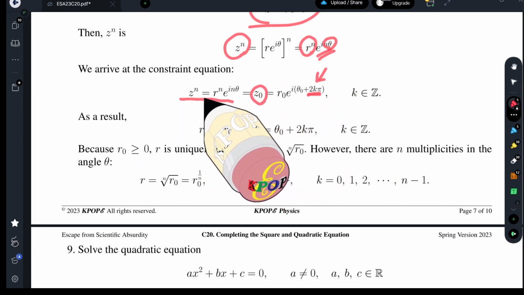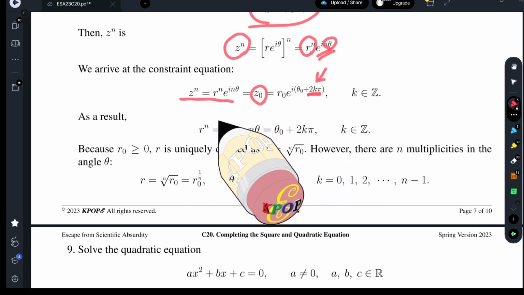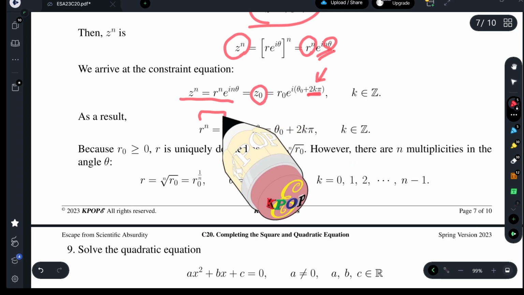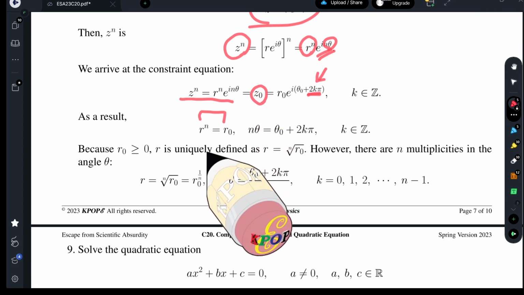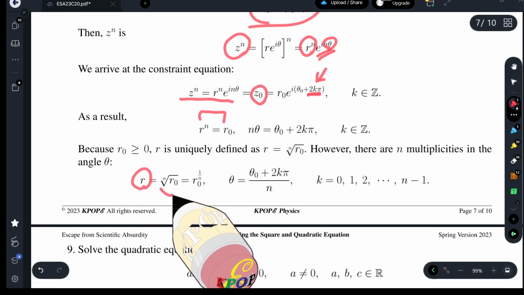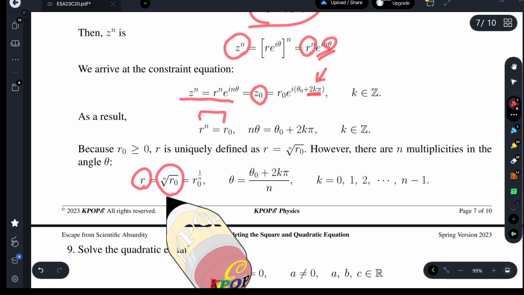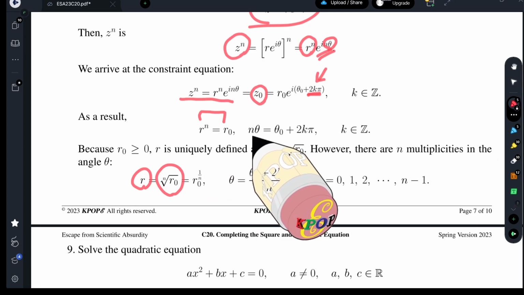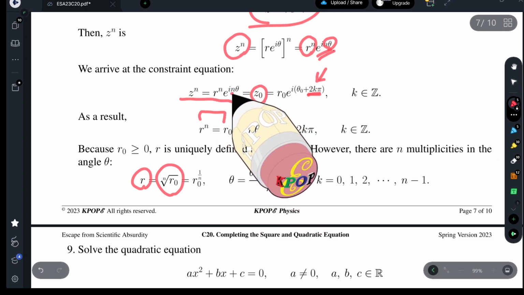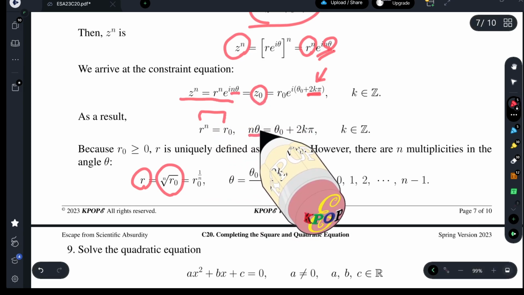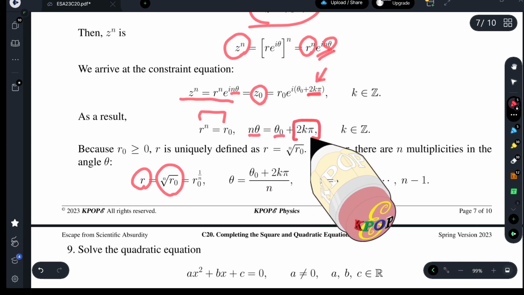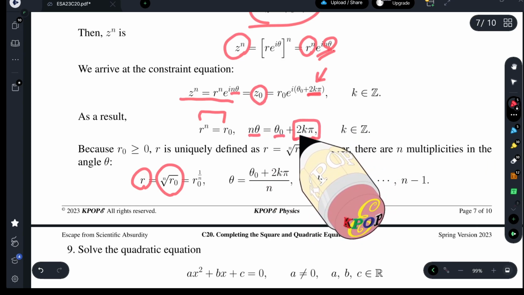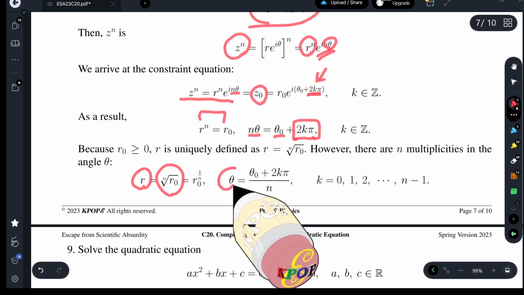If I equate this radius r to the nth to r0, then the radius is the nth root of r0, and n theta, this angle, should be the same as theta 0 plus 2k pi. Here we have theta.